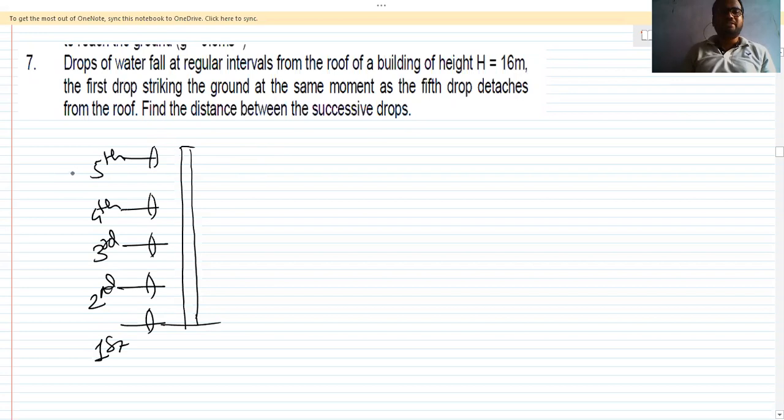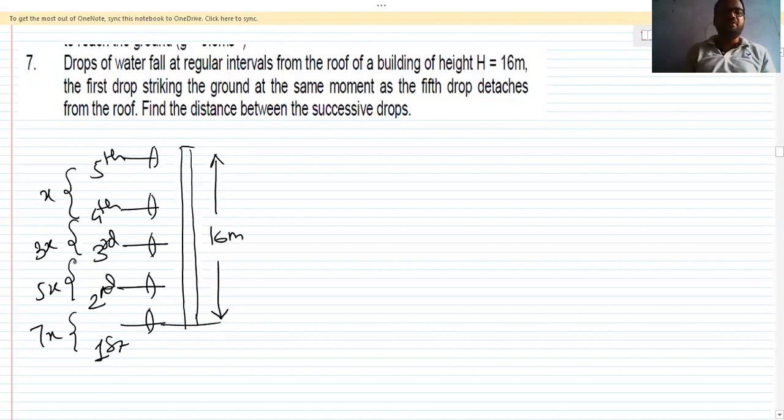And we know that the distances between the successive drops will be in the ratio of 1:3:5:7, right? And this height is given 16 meter. So we can write x plus 3x plus 5x plus 7x equal to 16, so 16x is equal to 16.